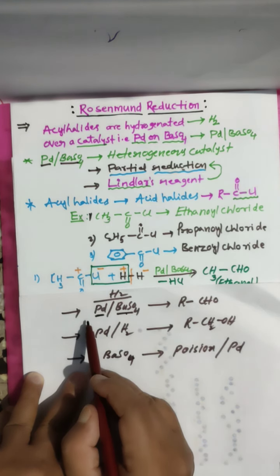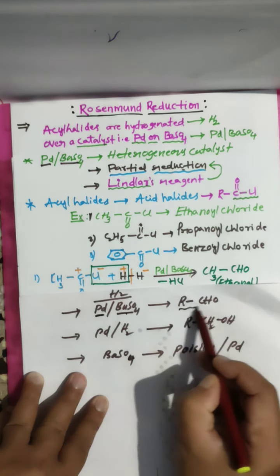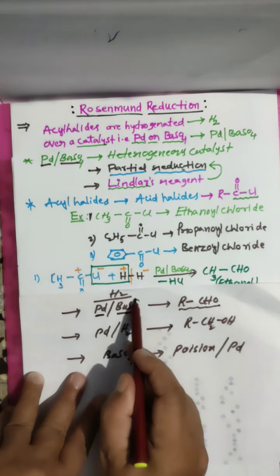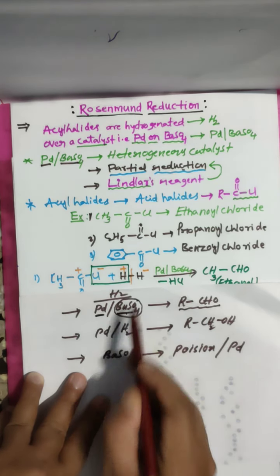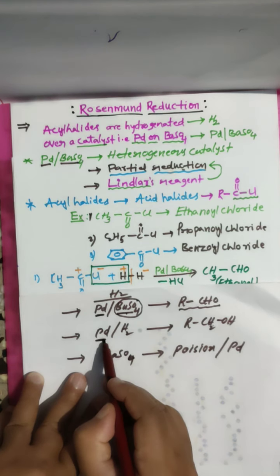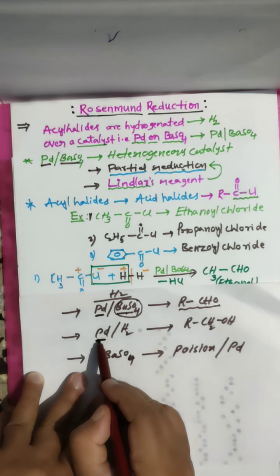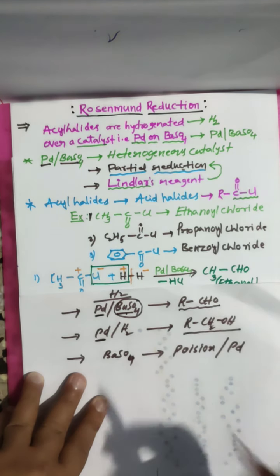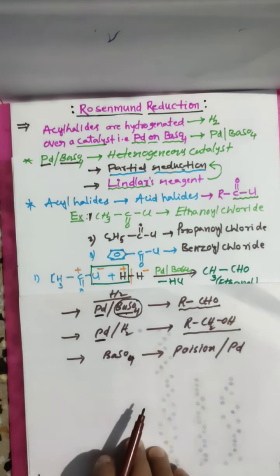Acyl chlorides are converted into aldehyde. Further reduction is not possible. But when barium sulfate is absent, then palladium works effectively, then complete reduction takes place, then you are getting alcohol. This is very important. You have to remember.